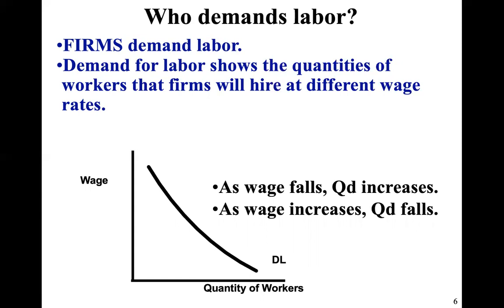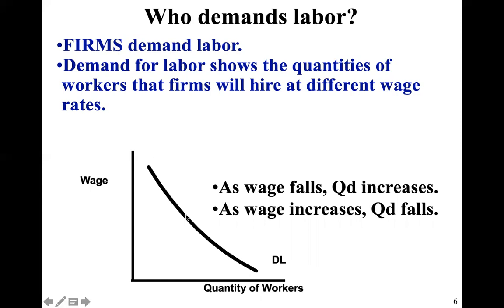Okay, so we are going to draw our vertical and horizontal axes. We're going to put quantity on the horizontal. We're going to put price on the vertical. Because we're looking at labor, this graph shows wage because the wage is the price of labor.